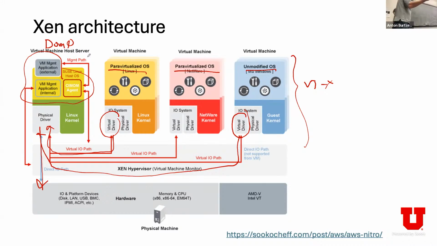And interestingly enough, remember that every VM communicates with the device driver. If it's a network interface driver, it's called netfront in Xen terminology. Netfront is a front-end driver for the network. This one will be netback.